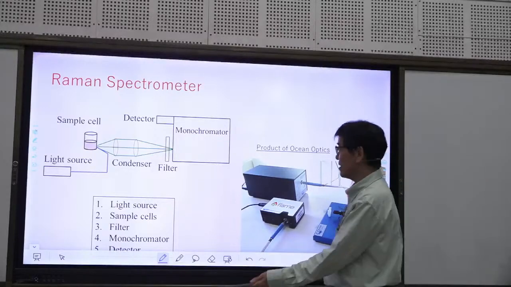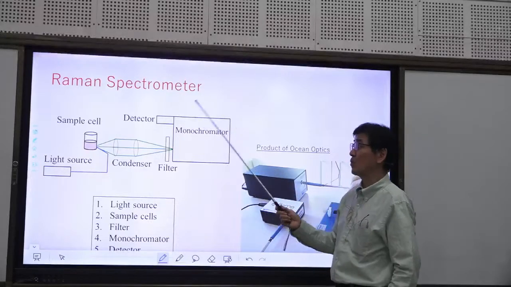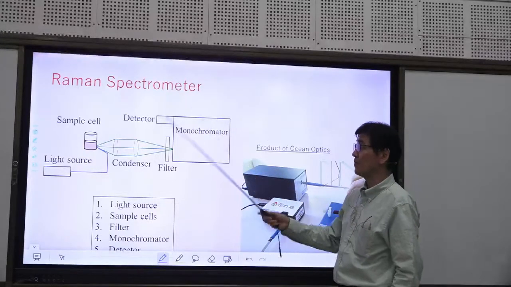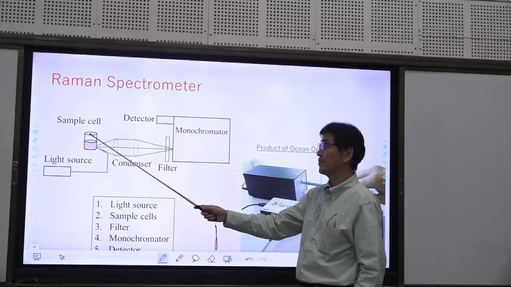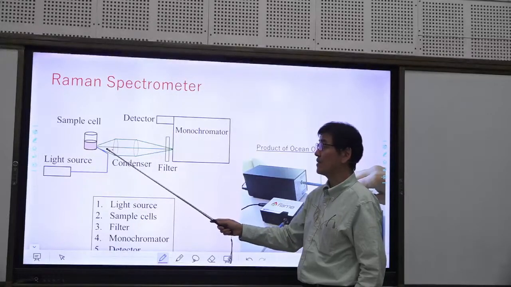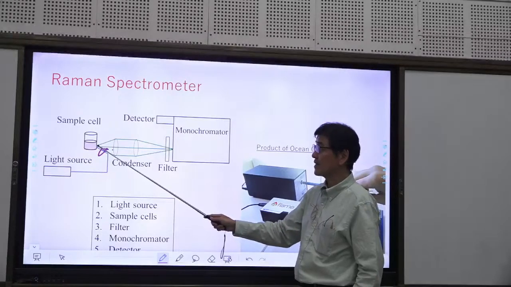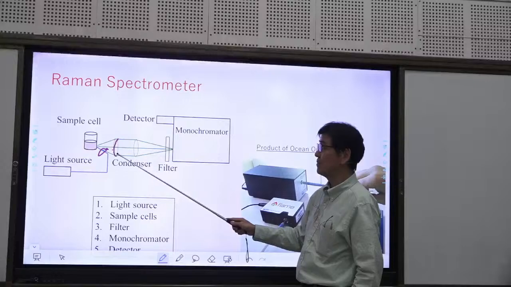So, these are the least necessary components for Raman spectroscopy. We need a light source and a sample cell. Then, probably we need a focal length around here. Then Raman scattering is generated. Then we collect it with this lens.